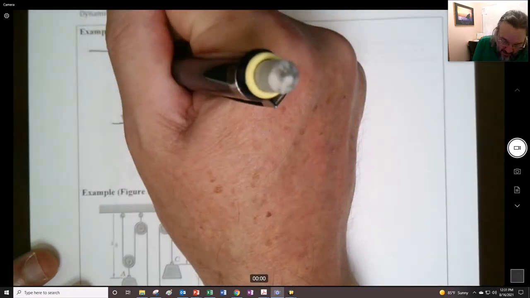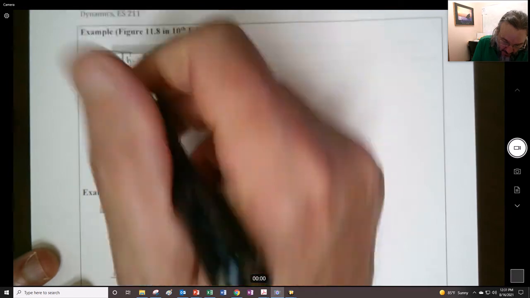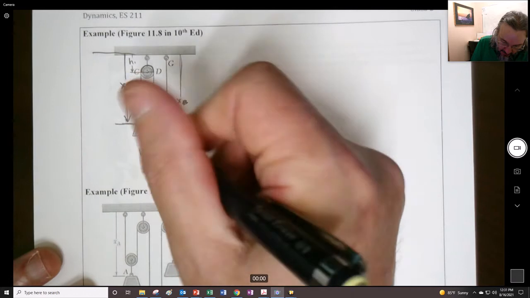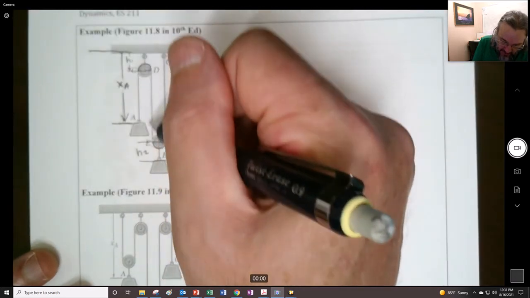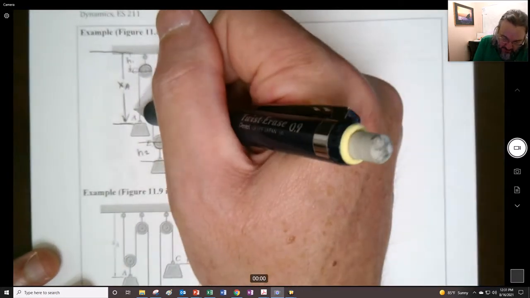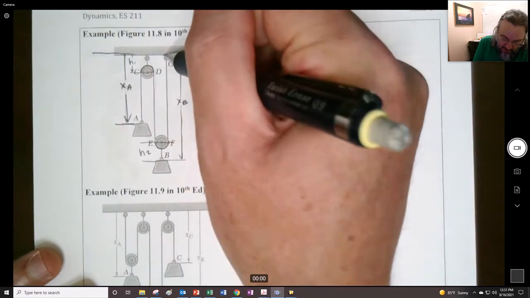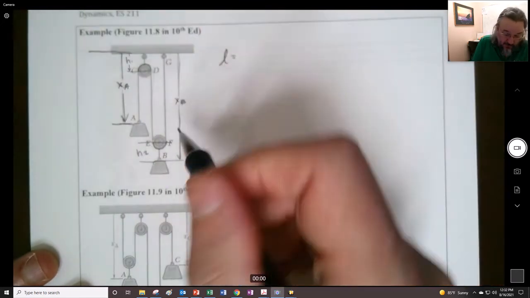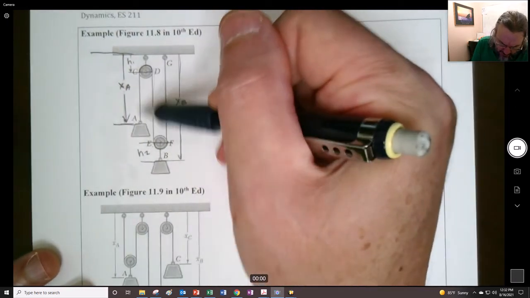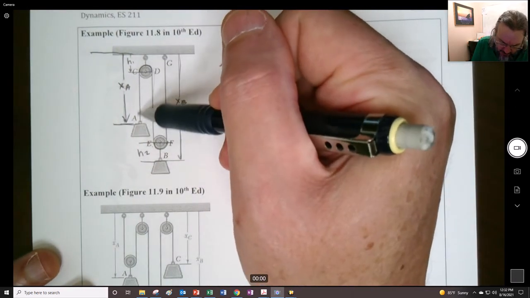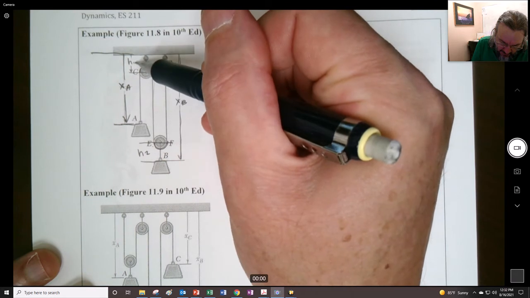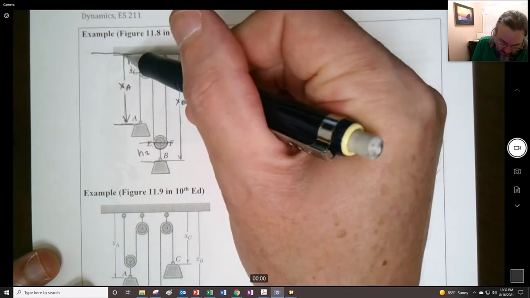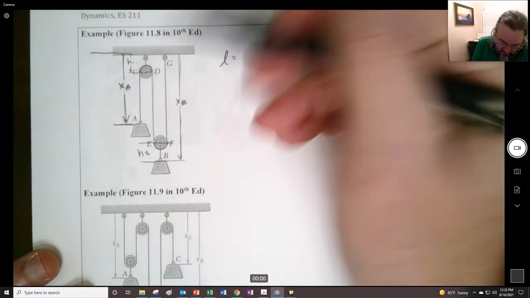And then this arc, I'm going to end up calling CD, and then this arc is going to be EF. So let's figure out the length of this entire rope. It goes up here, down there, back up there. It's one single rope. L is going to be, well, starting here, just marching through, XA minus H1 right there, because we start from there, so this length right in there.